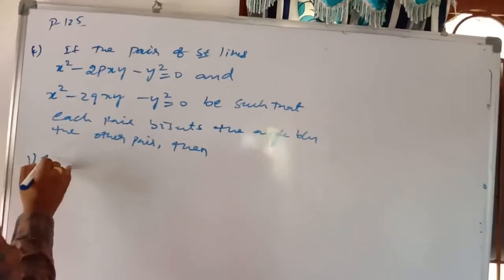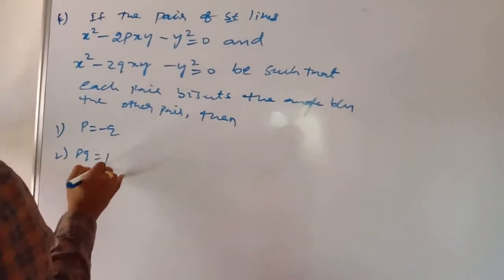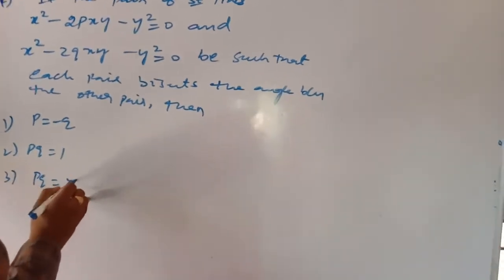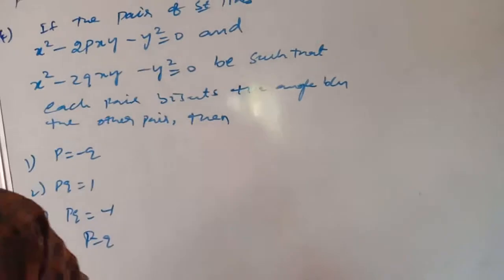Now first option is p is equal to minus q, second option is pq is equal to 1, and third option is pq is equal to minus 1, fourth option is p is equal to q.